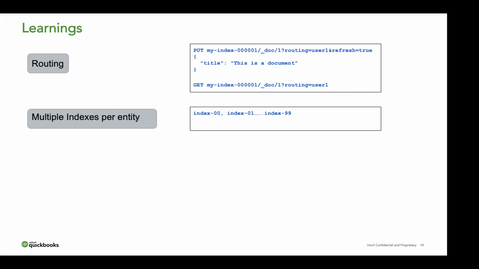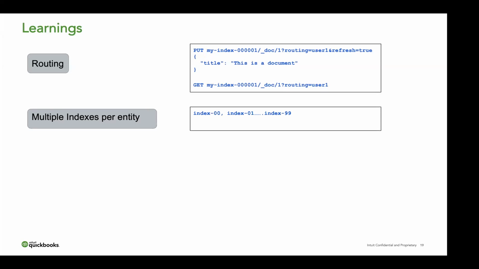We had to have multiple indexes per entity. And this was basically to solve for the size of a shard. Once your shard goes beyond a certain limit, it doesn't scale. The limit is about 30 gigs to 40 gigs.